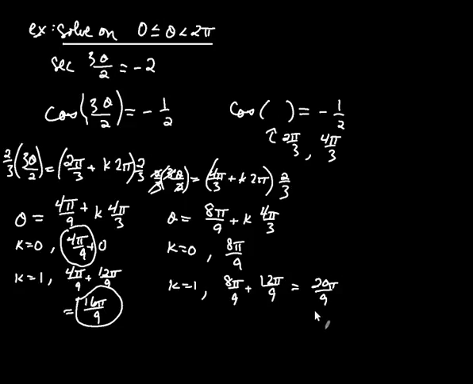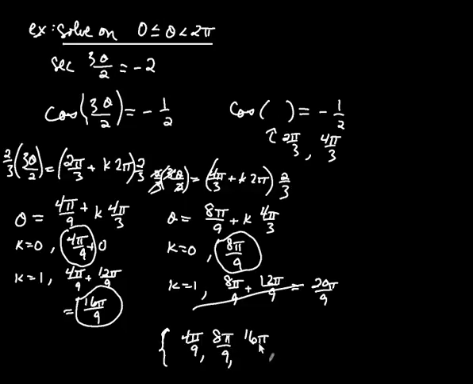Now, 20 pi over 9 is too much because it exceeds 18 pi over 9, which is 2 pi. So this does not give us a solution. So our third solution is 8 pi over 9. Your solution set would be 4 pi over 9, 8 pi over 9, and the final one is 16 pi over 9. And this would be your answer.